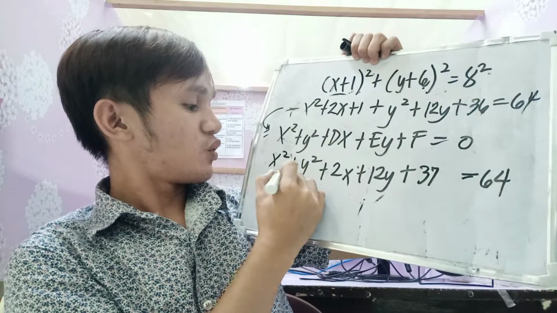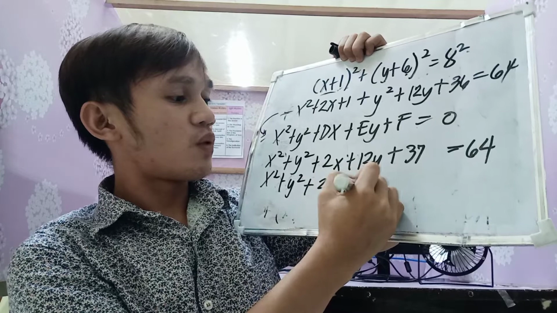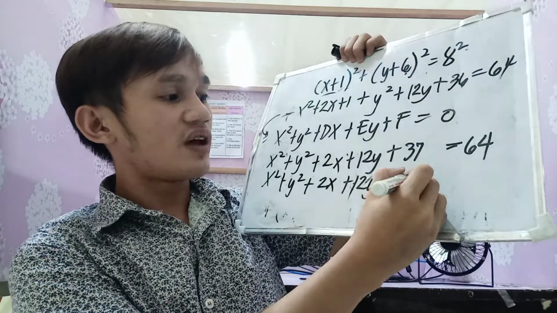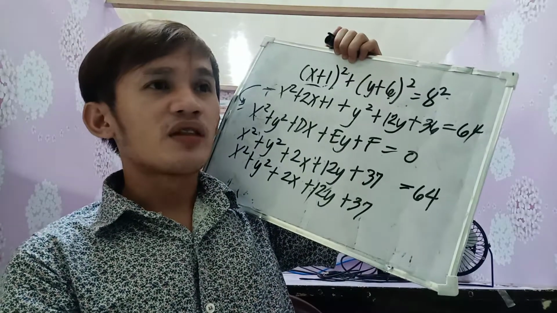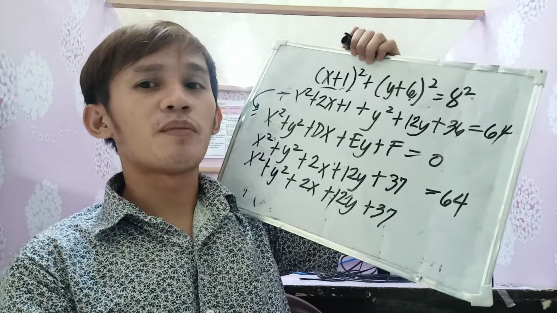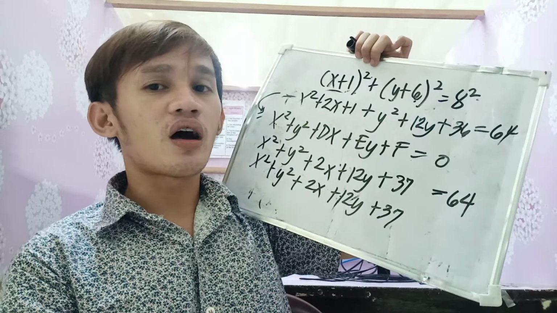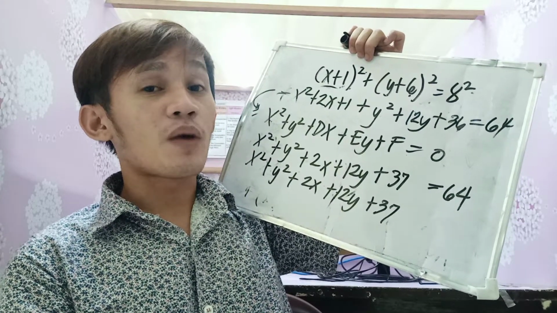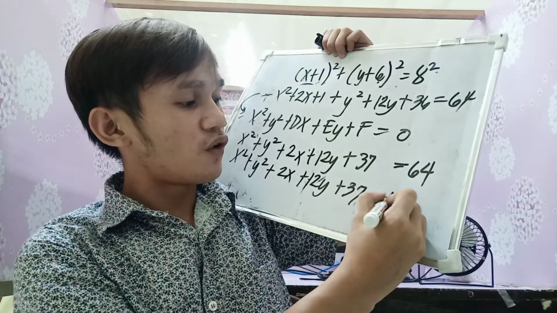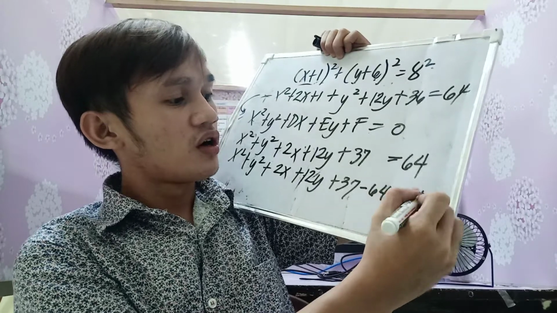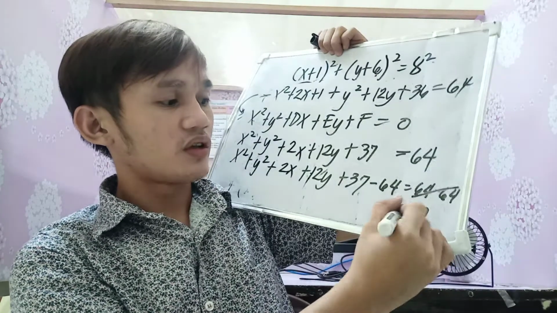So this will be x squared plus y squared plus 2x plus 12y plus 37. So you are familiar with the transpose. I know you are familiar with transpose, but actually that is not transpose, but you are going to use the properties of equality. So you are going to use subtraction property. So this is minus 64 is equal to 64 minus 64 in order for us to have 0. Okay?